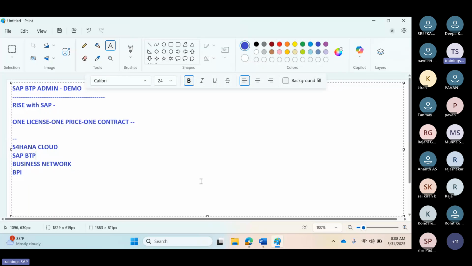SAP has well documented each and every step in Rise with SAP. As we discussed, these are the main four packages clubbed into one platform. The tools they have include BPI, custom code analyzer, readiness check reports, and software like S4HANA Cloud, BTP services, and cloud related platform.